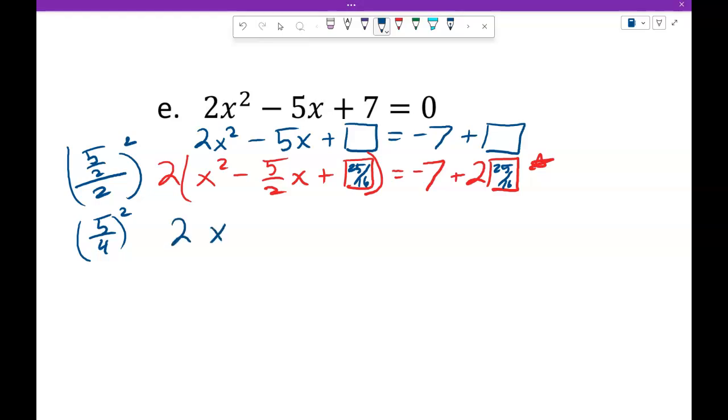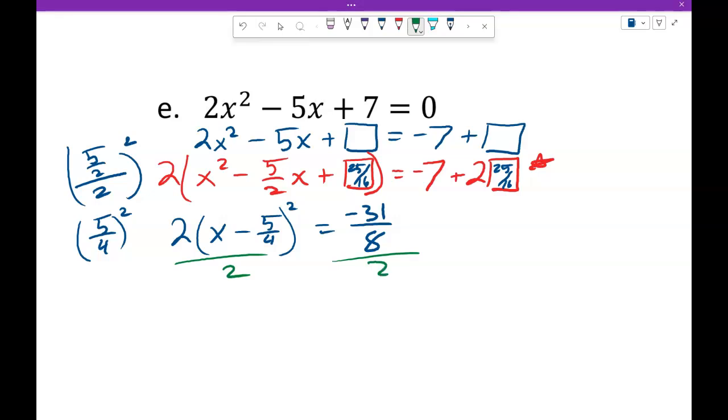Now we can go ahead and factor: x minus 5/4 quantity squared equals negative 31 over 8. Now we can go ahead and solve. Divide both sides by 2. Negative 31 over 16.